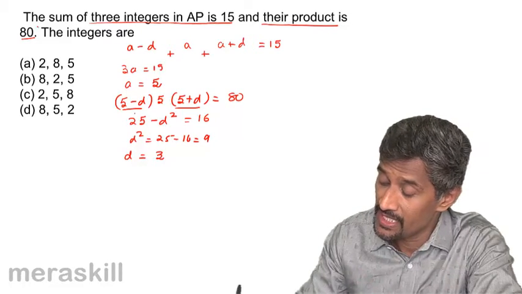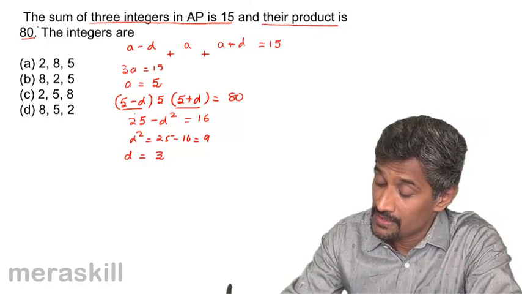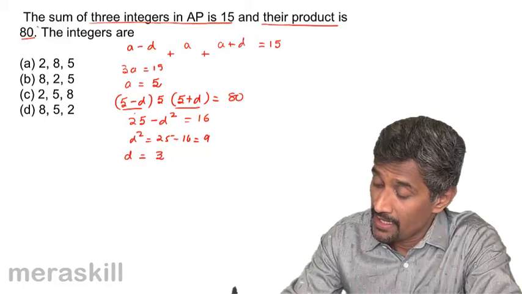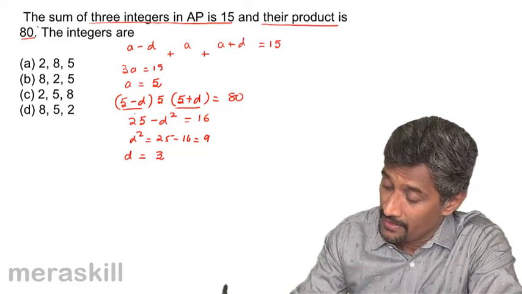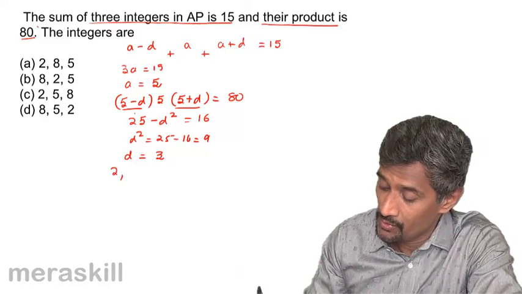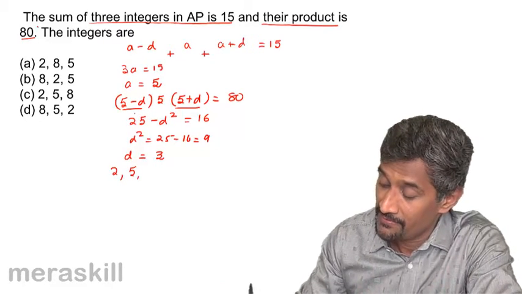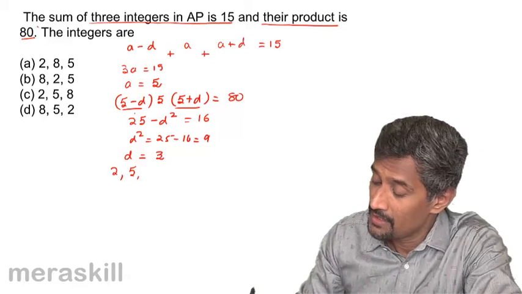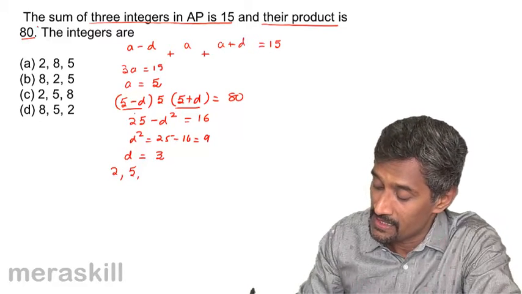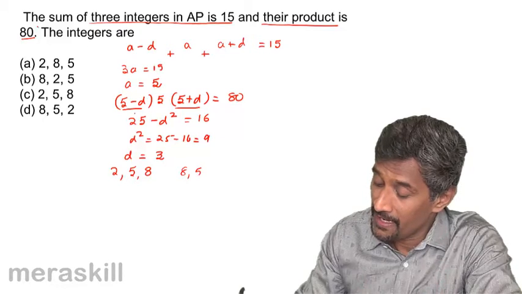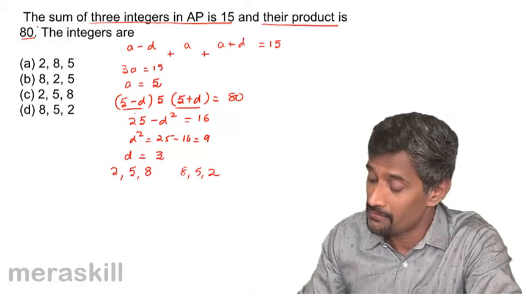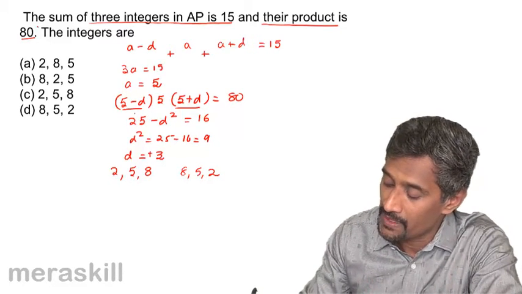If d is 3, the first term could be a minus d, that is 5 minus 3, 2. A itself is 5, and the last term could be 5 plus 3, a plus d, 8. We can even take it as 8, 5 and 2. Both would be valid, because if you take the square root, you get plus or minus.